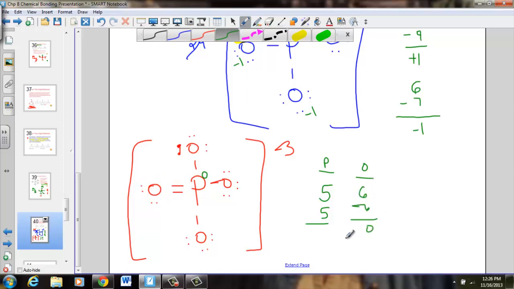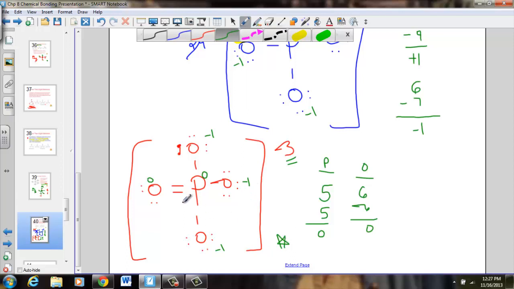This particular oxygen that we placed a double bond has now gotten a formal charge of 0. These oxygens will remain at a formal charge of -1, but look what's happened. The overall formal charge equates the charge on the polyatomic ion, and the negative is on the more electronegative element. Very important details that let me know this indeed is the correct structure.